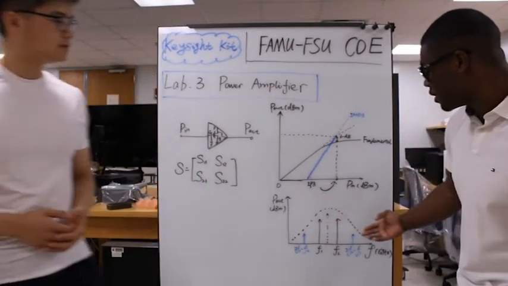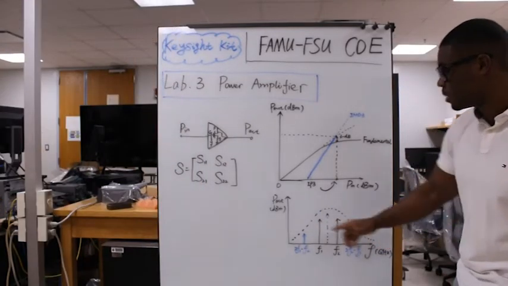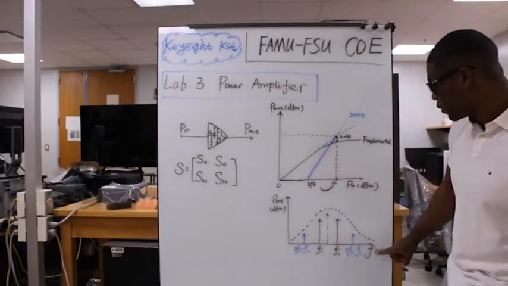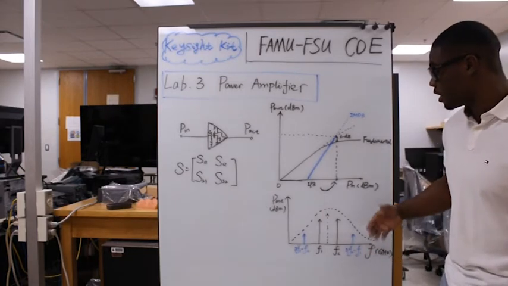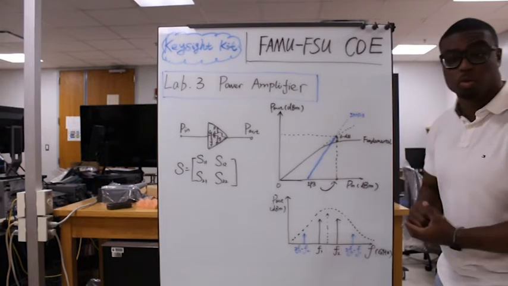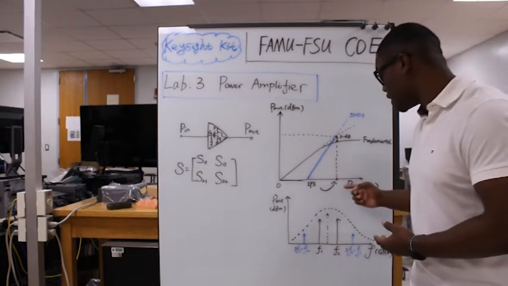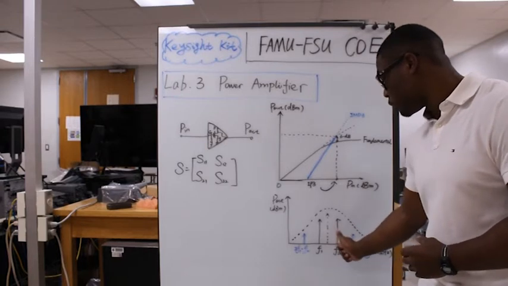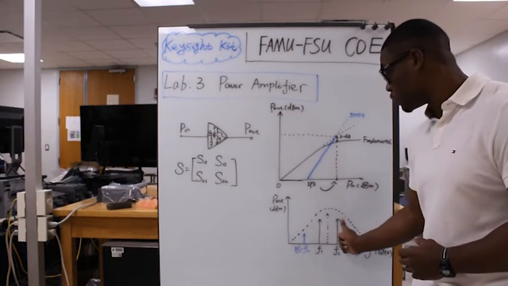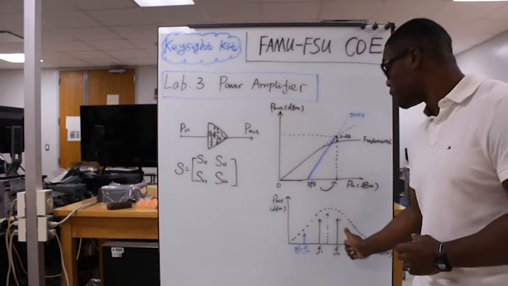So now we'll look at this diagram down here. This is the power out versus the frequency of the input. So we swept the power in, and at different power levels, we have a two-tone frequency. We also input a signal for two-tone frequency.